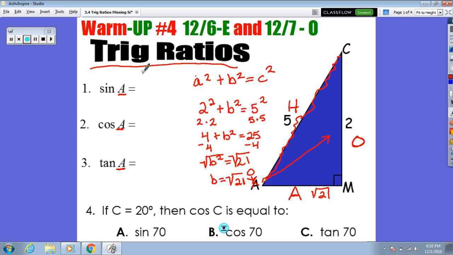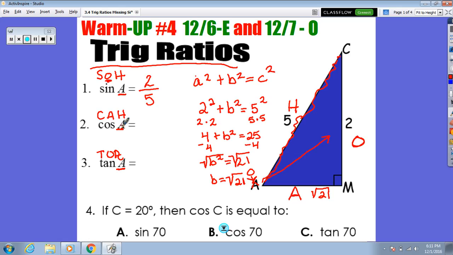So remember the sine. I'm going to write SOHCAHTOA over here, because that's going to help me set up each one of my ratios. Alright, so the sine of A is going to equal the opposite side, which is 2, divided by the hypotenuse, which is 5. And that's it.